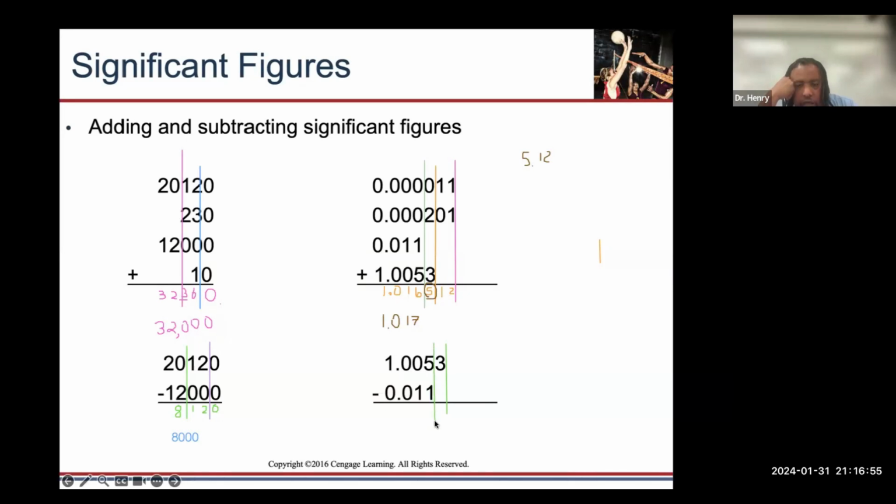Okay, so then let's go ahead and do the math. So we're going to subtract the values. So that's going to be 3. That's going to be a 4. That's going to be 9.